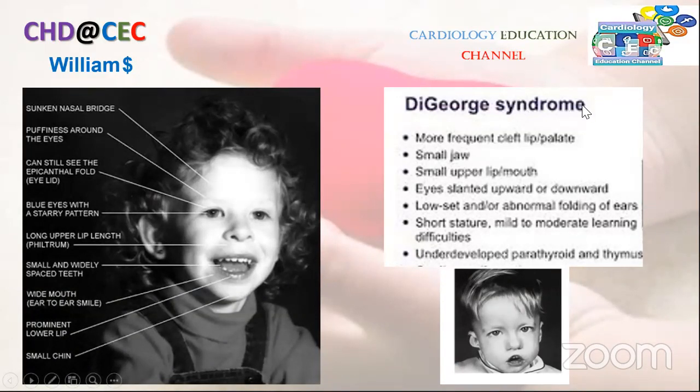DiGeorge syndrome, and this is one of the 22q11 microdeletion syndromes. The importance of knowing this syndrome, that this patient comes with a small jaw, small upper lip and mouth, and frequently has cleft lip or palate. They also have low-set or abnormal folding of the ear. They have short stature and mild to moderate learning difficulties.